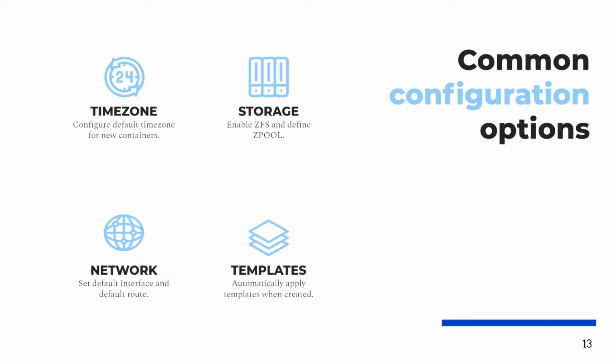If you want a certain template applied to all your systems when they start up, you can create a template and set it in the config and say apply this one every time we create a new one. And once we've created it, apply this, and then they're ready to go. It's kind of an automatic config management thing. So these would be the core things that you would set, and I'll show you what these look like in the config in just a minute.